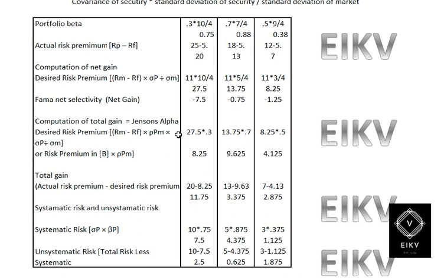For that it would be 27.5 into 0.3 and 13.75 into 0.7 and 8.25 into 0.5. So the risk premium would be 8.25, 9.625 and 4.125.